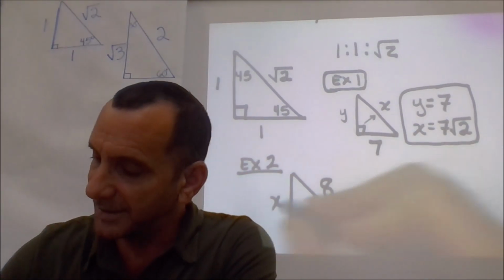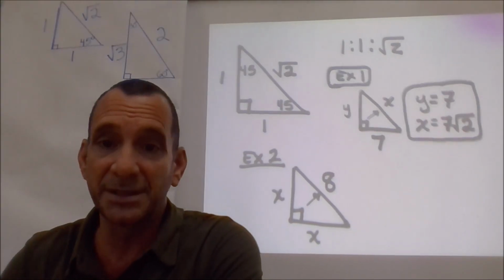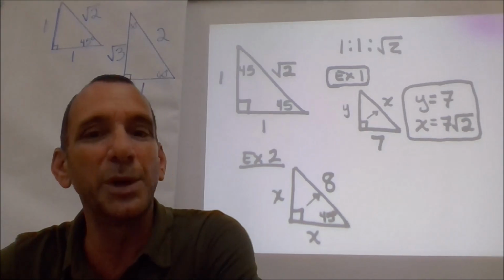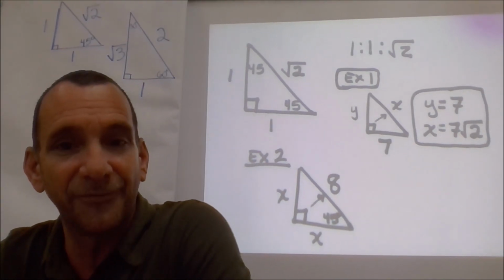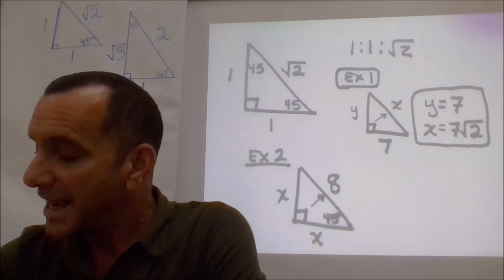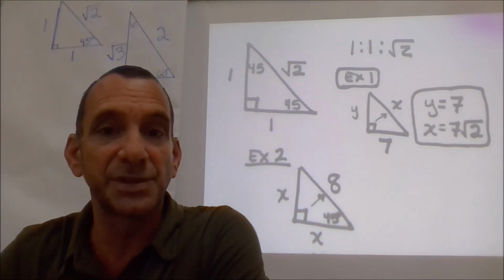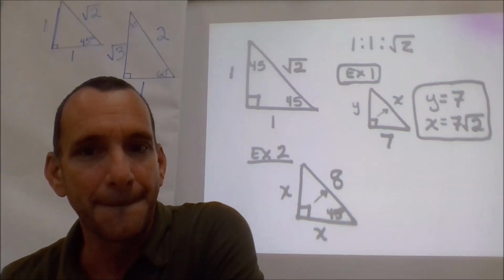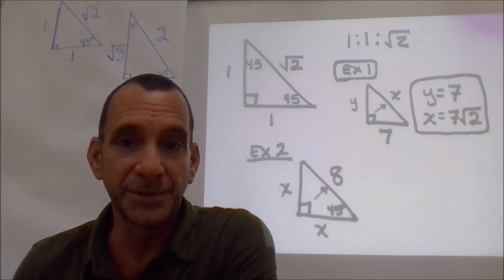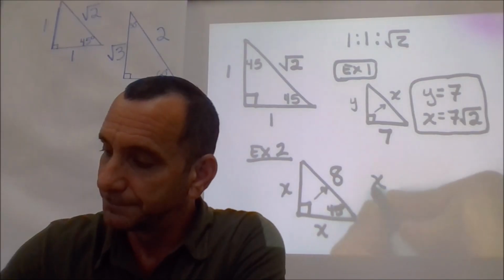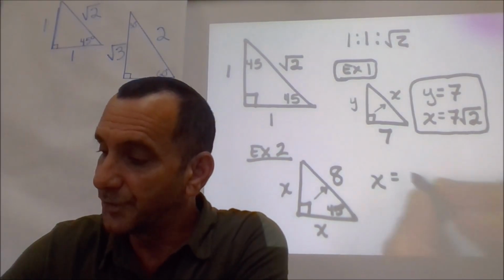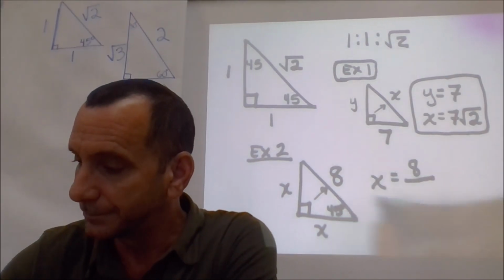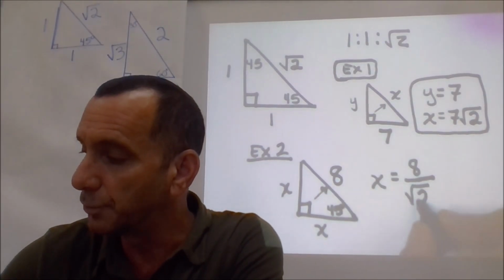If I put an x and an x are equal, that means the legs are equal, and automatically we know that that's a 45, 45, 90 triangle. Now, if the leg times the square root of 2 is the hypotenuse, and you're given the hypotenuse, the leg is really the hypotenuse divided by the square root of 2.